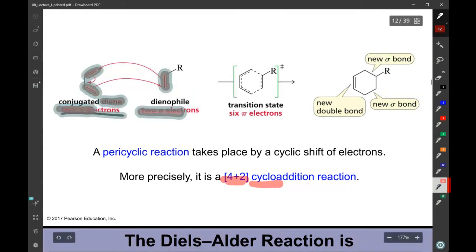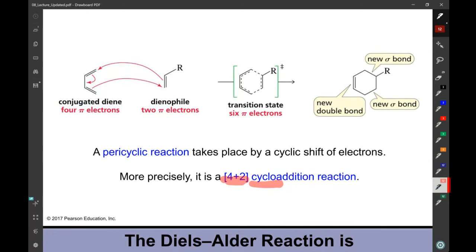Now, the second thing I want us to do is let's do some labeling. If I call this carbon 1, carbon 2, carbon 3, and carbon 4, okay? And over here, I will call this one carbon A and this one carbon B. Does that make sense?